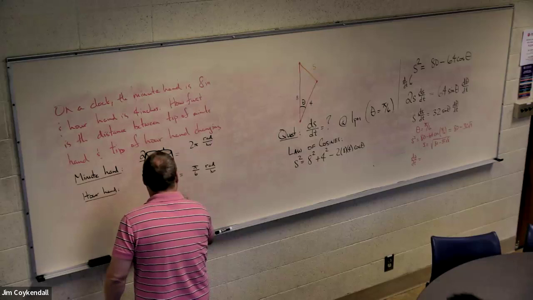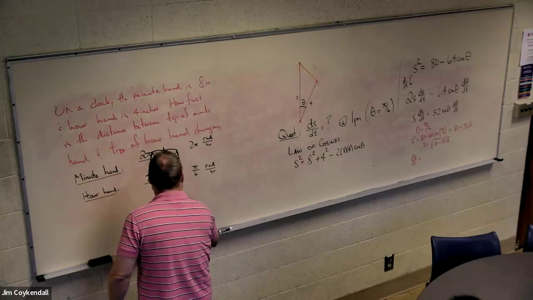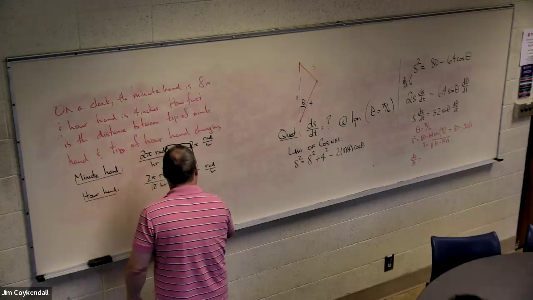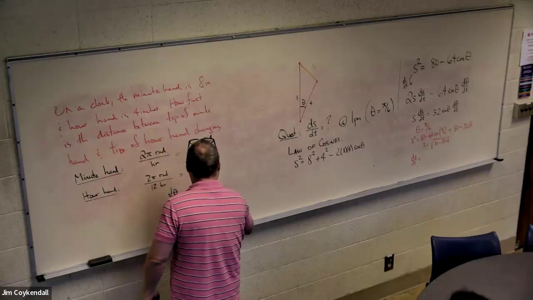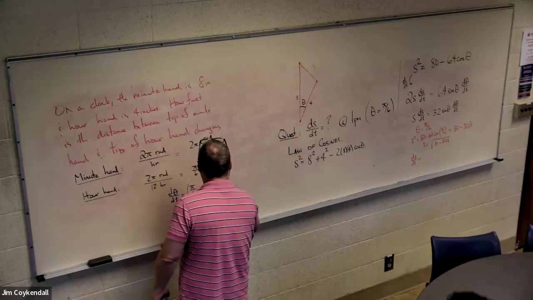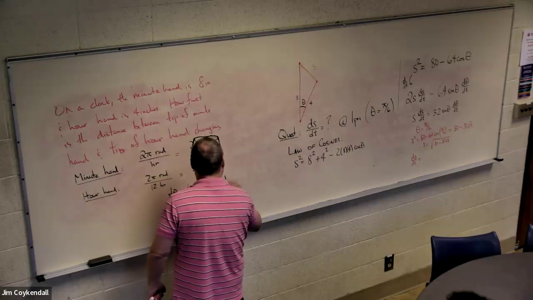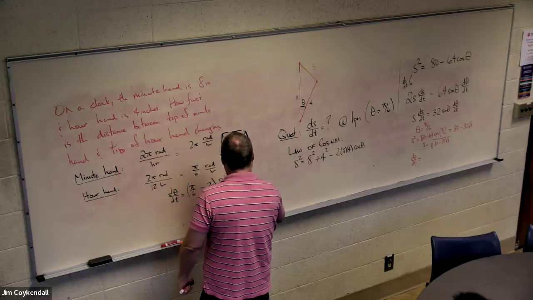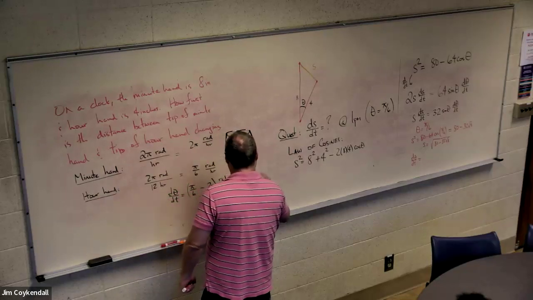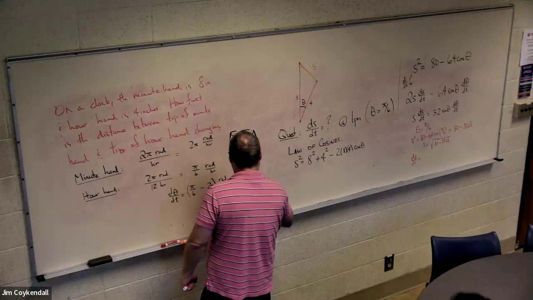So d theta/dt, the speed of the hour hand, is pi over 6 radians per hour minus 2 pi radians per hour. And that's going to be minus 11 pi over 6 radians per hour.